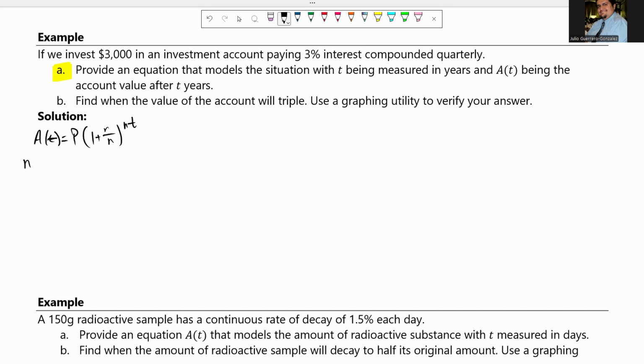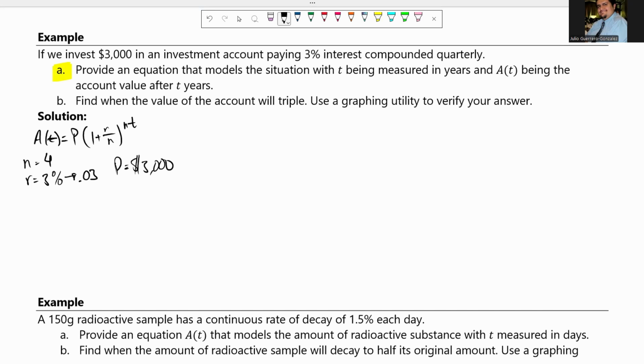This is quarterly, so n is equal to 4. R is equal to 3%, so 0.03. Remember, we can't plug in the percentage; we have to change it into the decimal. And then what's missing? P, my principal, which was my $3,000.